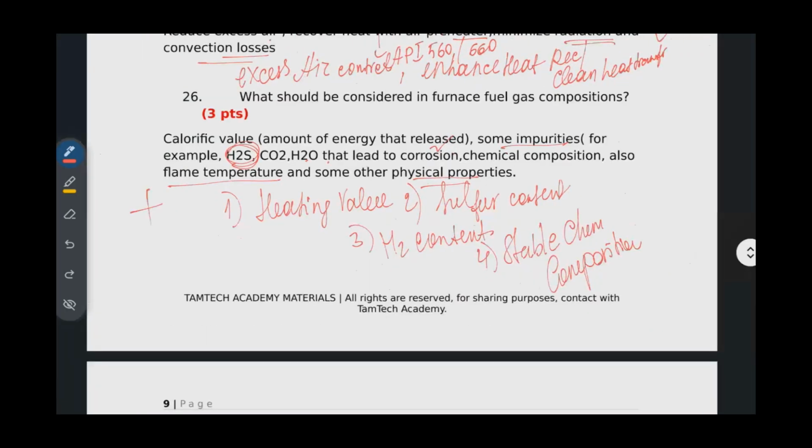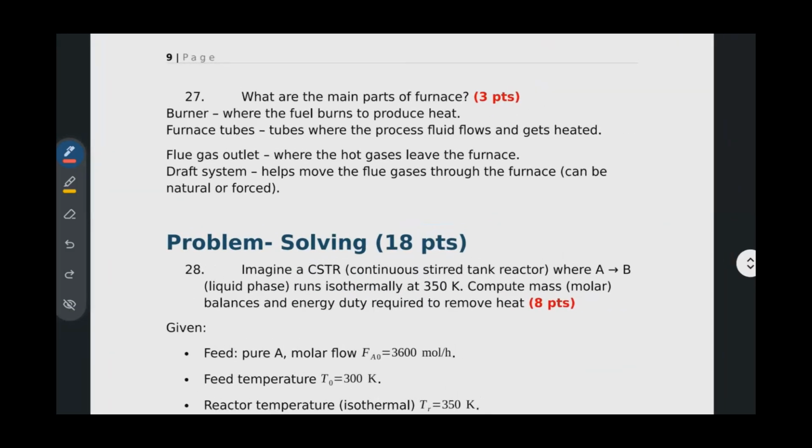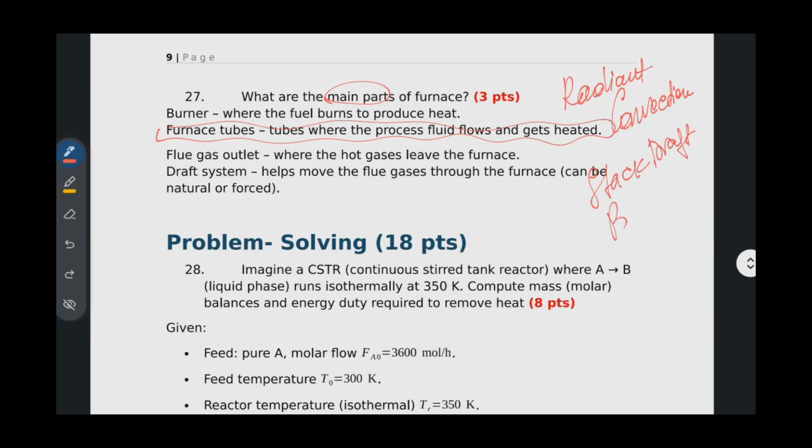Okay, that's acceptable too. The next one, what are the main parts of the furnace? Burners, furnace tubes, parts. Okay, this is inside, which is acceptable, but I would expect to have mainly a radiant section, and to mention where the tubes are located, then convection section, also stack, draft, burners, air system.